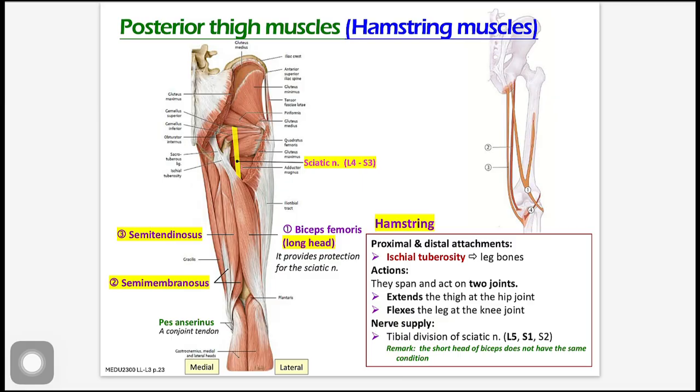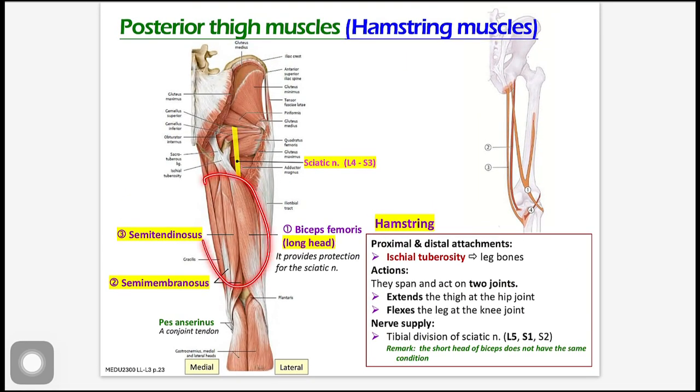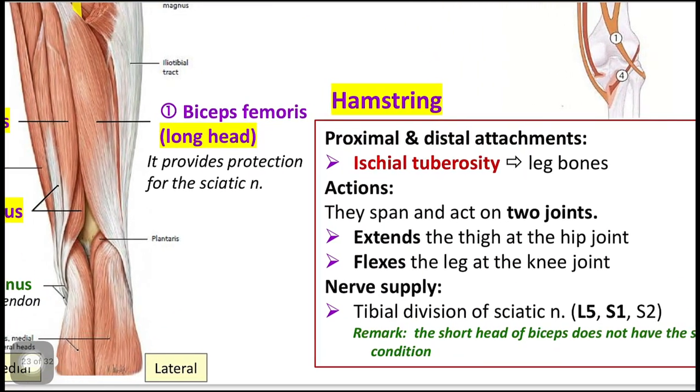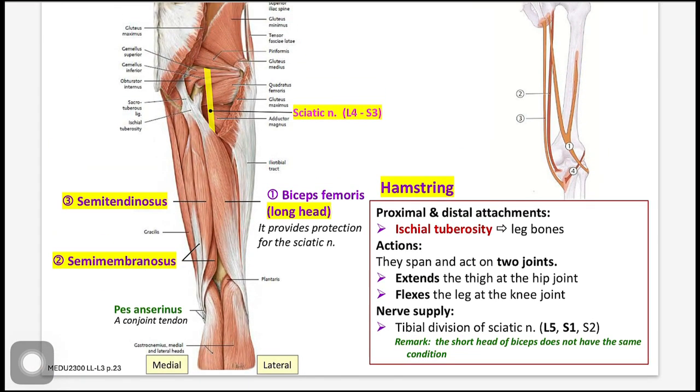And then these 3 muscles, because they span 2 joints, when they act all together, of course, they can extend the thigh at the hip joint, okay? Extend the thigh at the hip joint, which means, what would you do? Extend the thigh, right?